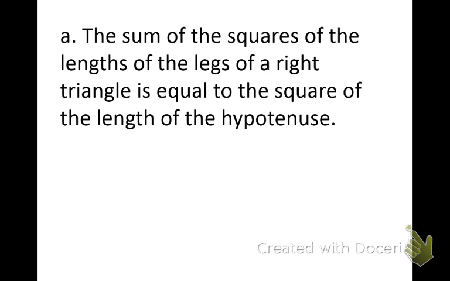Any ideas? How could I make that an if-then? Chris? We square the length of the legs and add them up to then it would equal the square. You're leaving a part out, though. How about if we do it this way?